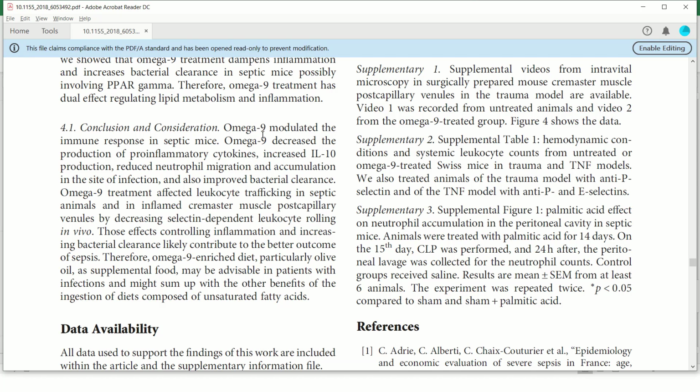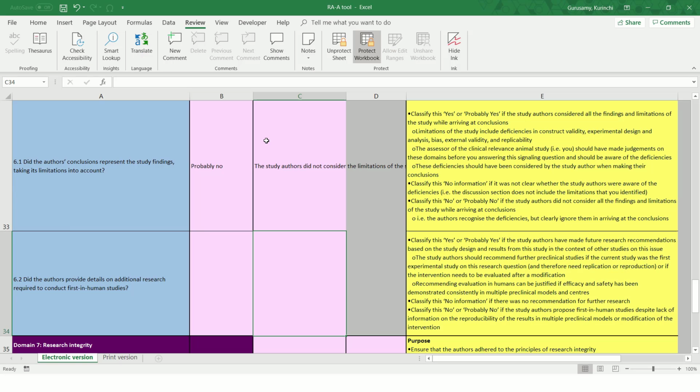Here, they didn't take into account that it's a surrogate outcome. It just modulated the immune response. It decreased some pro-inflammatory cytokines. It increased IL-10 production. Yes, all of that is right, but what does that mean? We don't know. So that is inappropriate, and it is inappropriate here as well.